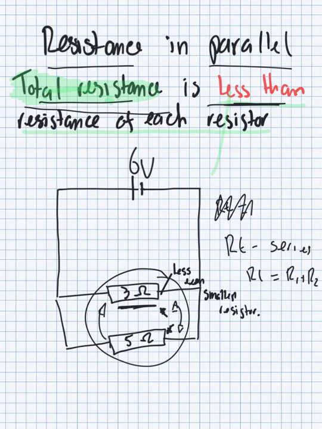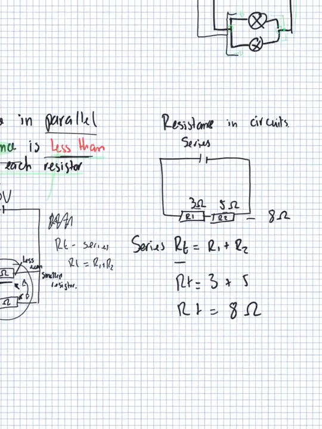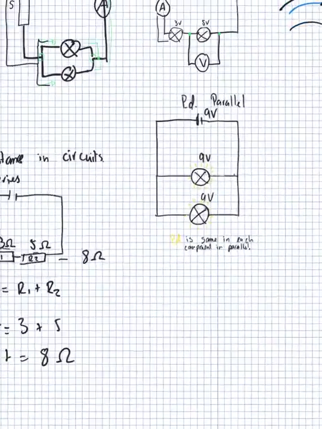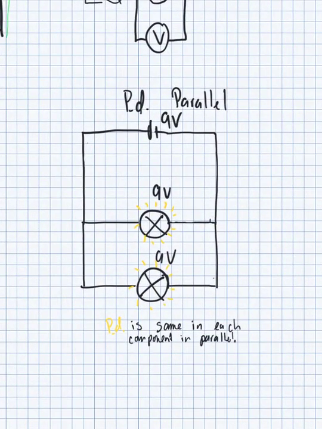Remember, if you want to calculate resistance in this circuit where we've got 9 volts flowing through each bulb, let's say we put an ammeter in here, and the ammeter is giving us a reading of 6 amps.